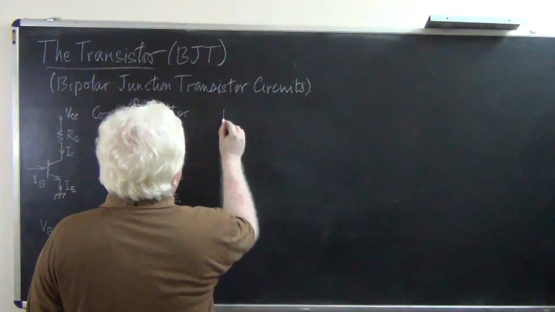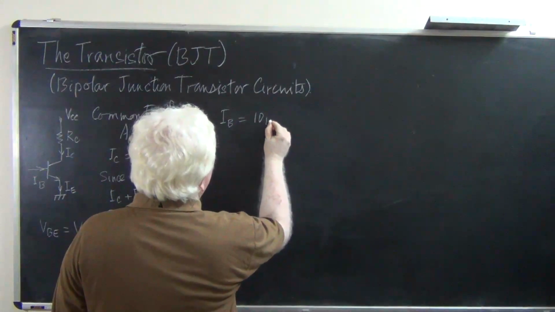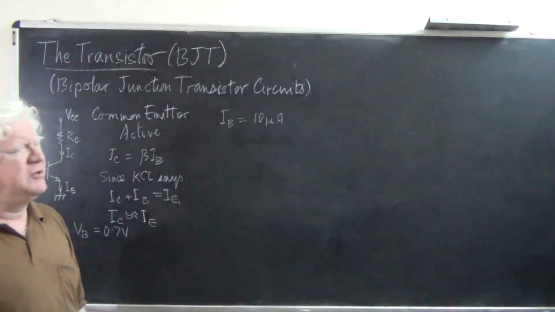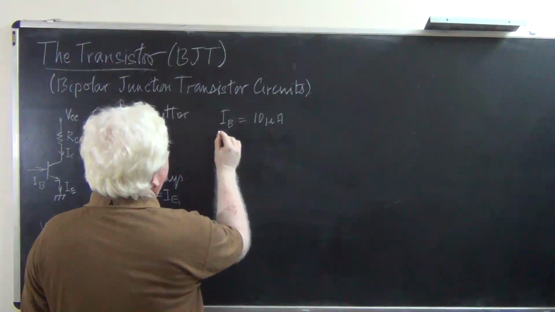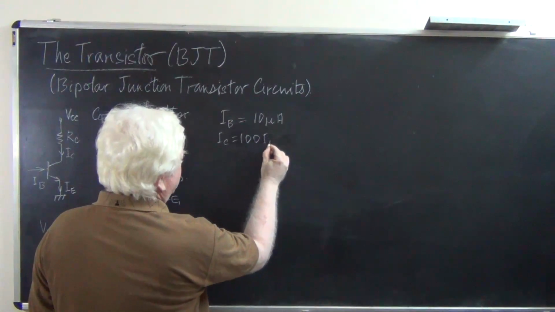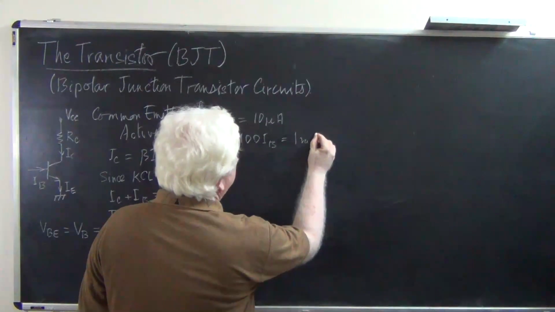Let's say we have IB equal to 10 microamps. Fine. With an IB of 10 microamps, you would correspondingly get IC equal to 100 times IB, which is 1 milliamp.